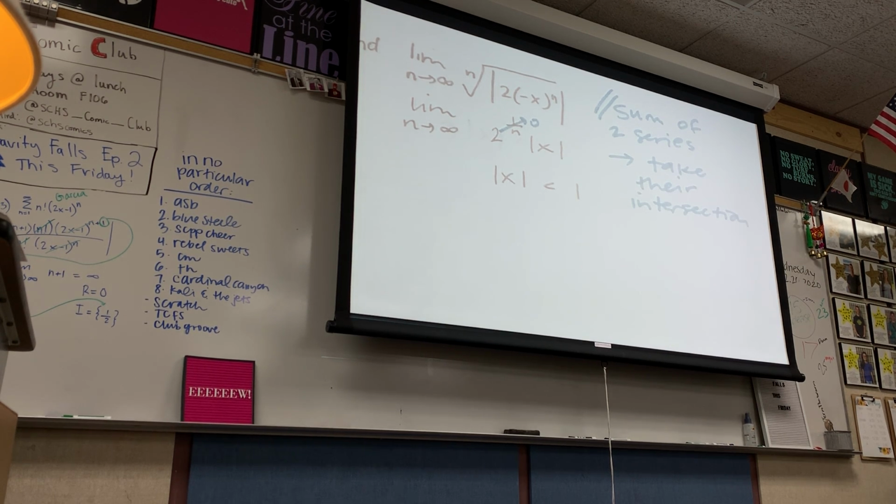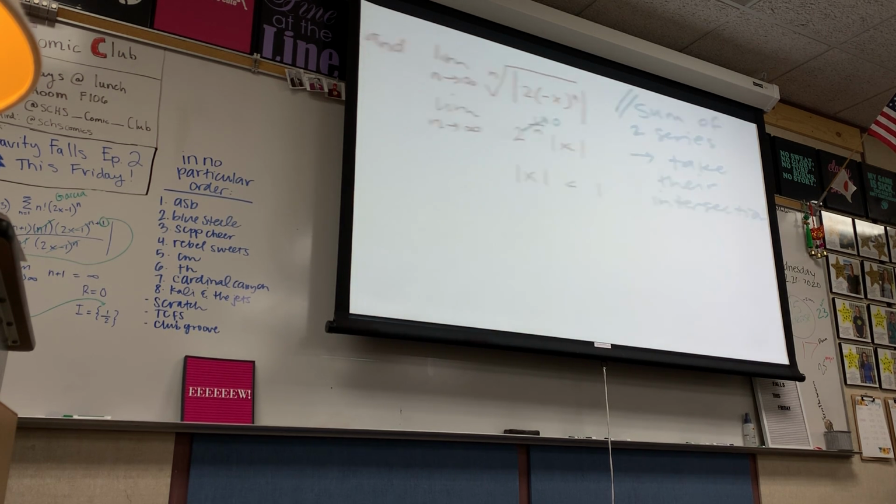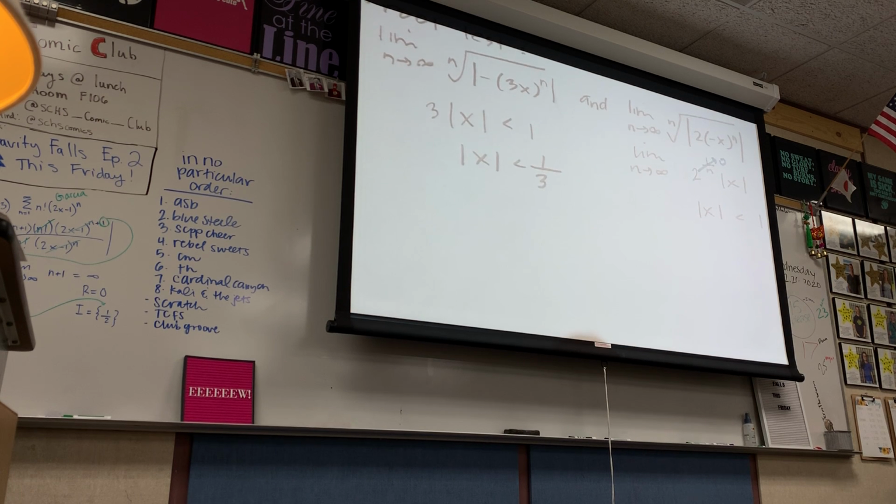Okay, so what I mean is, on the left, you're looking at the interval from negative 1/3 to positive 1/3. But on the right, you're going from negative 1 to positive 1. So think about this with me.